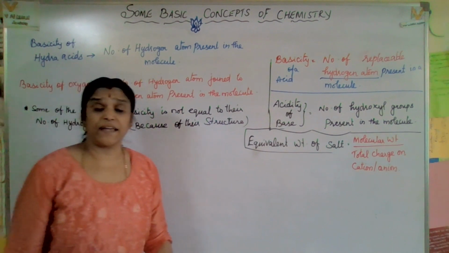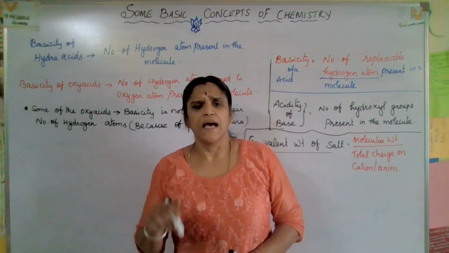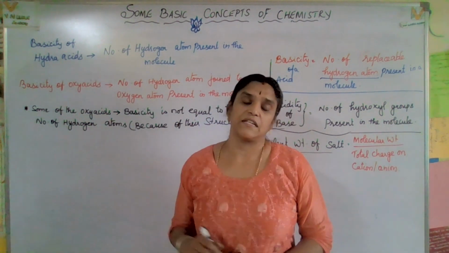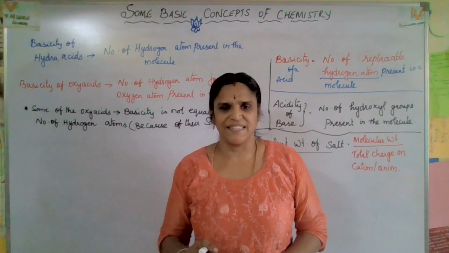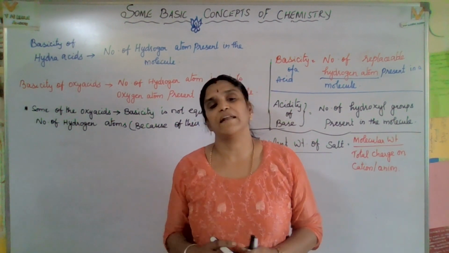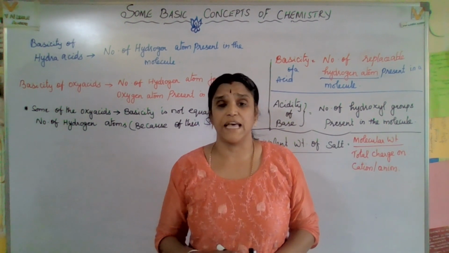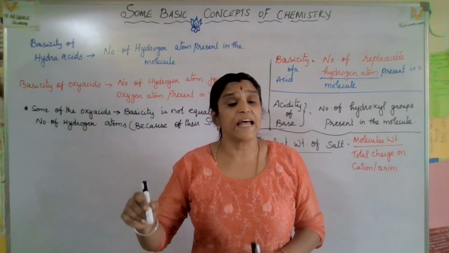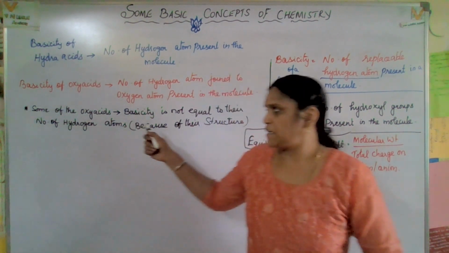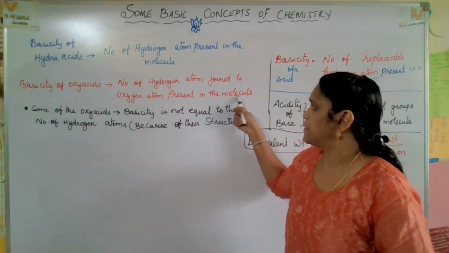Now let us check the basicity of hydra acids and oxy acids. For hydra acids, basicity is the number of hydrogen atoms present in the molecule. For example, HCl, H2SO4, HNO3. These are all hydra acids. Whereas for oxy acids, basicity is the number of hydrogen atoms joined to the oxygen atom present in the molecule.